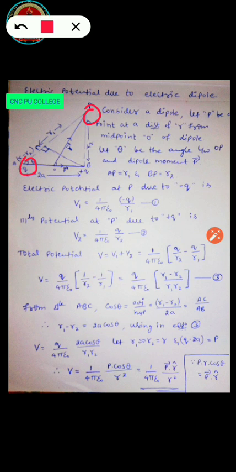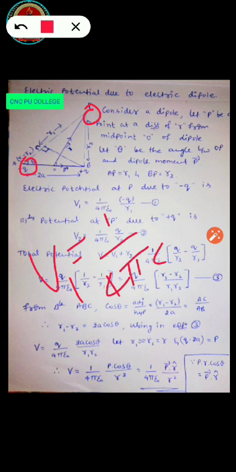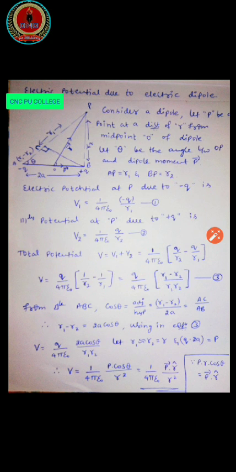Potential depends on distance, and here the distance is R1. Potential also depends on charge, and here the charge is minus Q. So we can write the potential V1 is equal to 1 by 4 pi epsilon naught times minus Q by R1. That is the potential at P due to the negative charge.